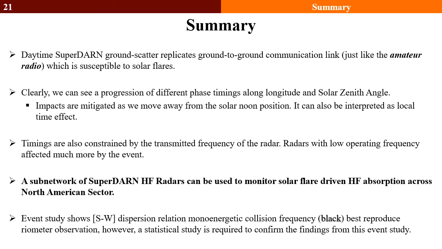We can see the progression of different phase timings along latitude, longitude, and solar zenith angle. Timings are also constrained by the transmitted frequency of the radar. Radars with high operating frequency are affected much less, and radars operating at low frequencies are affected more severely.